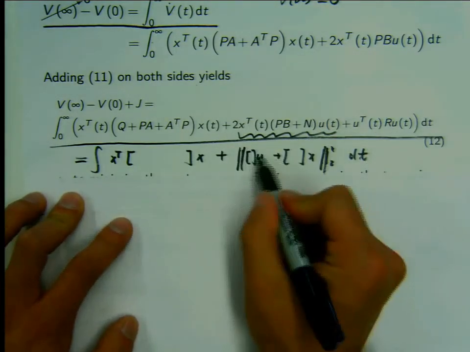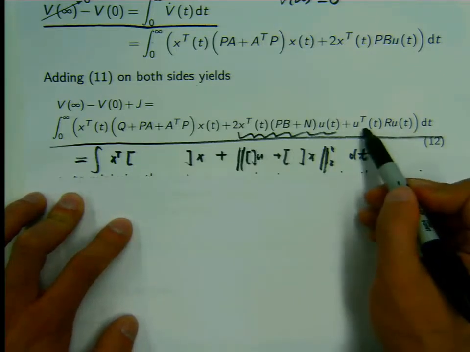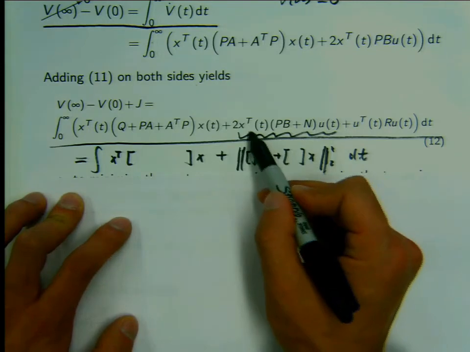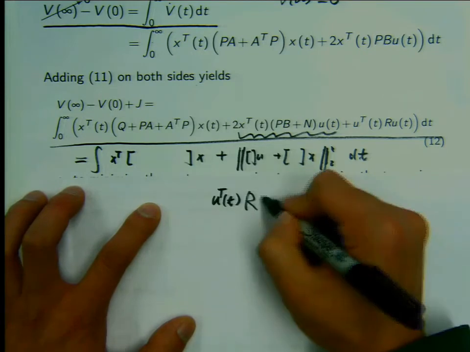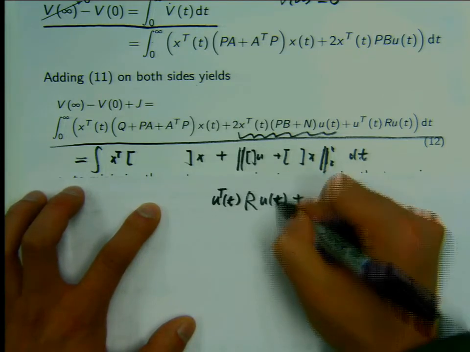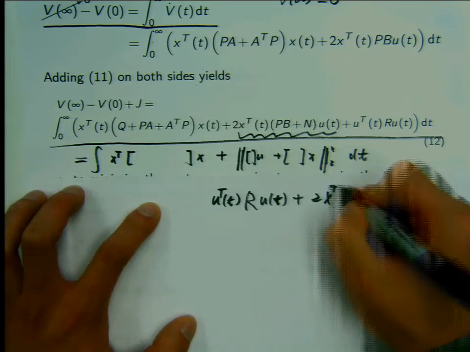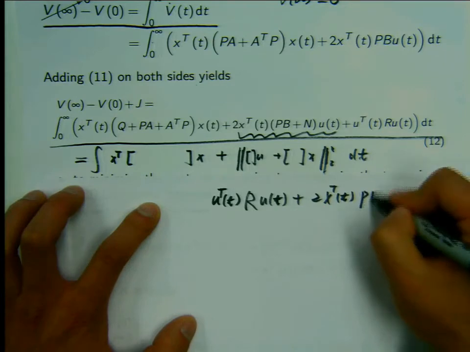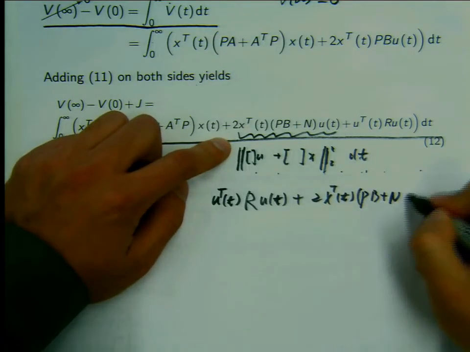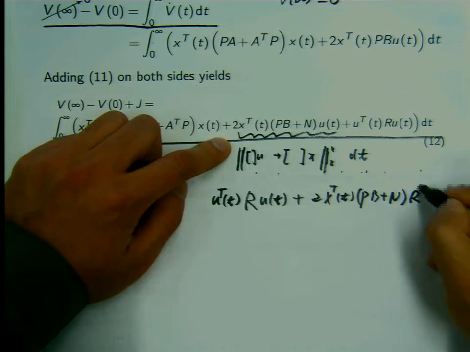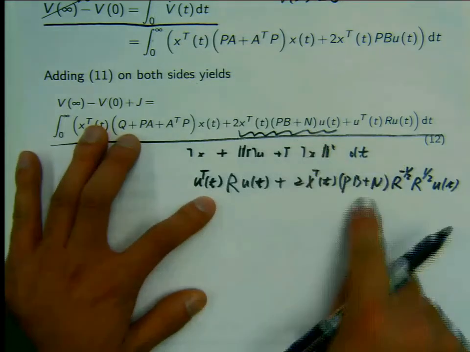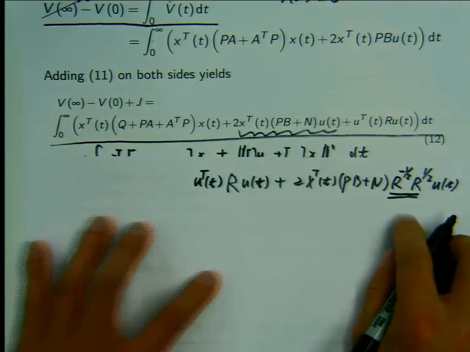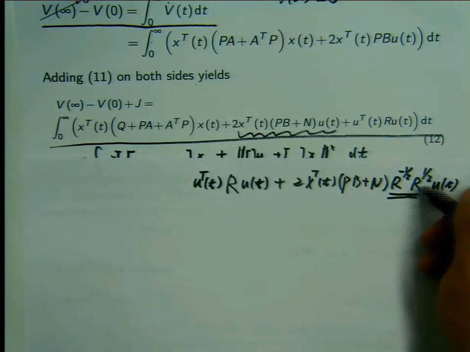Now I'm just going to show you how to formulate this. If you have a quadratic function of u and some quadratic cross-product term between u and x, you can use a very useful mathematical trick. Write this term first as 2x transpose t pb R negative 1 divided by 2, R 1 divided by 2 u. So I introduce the square root of R and its inverse here.